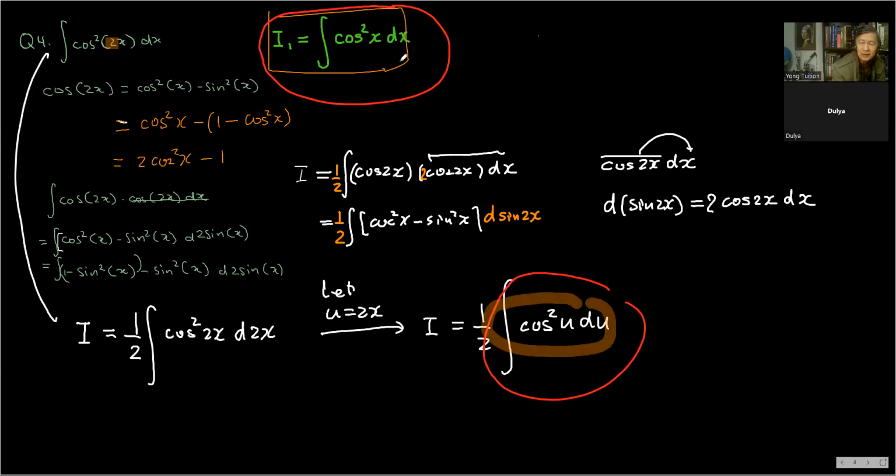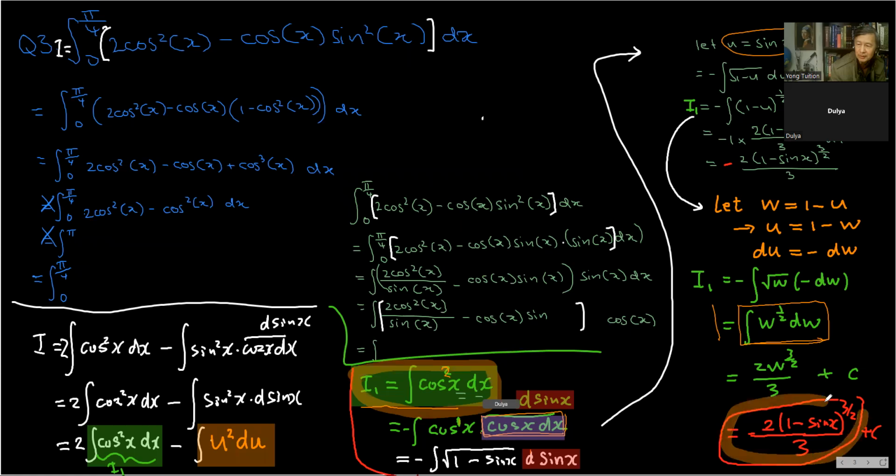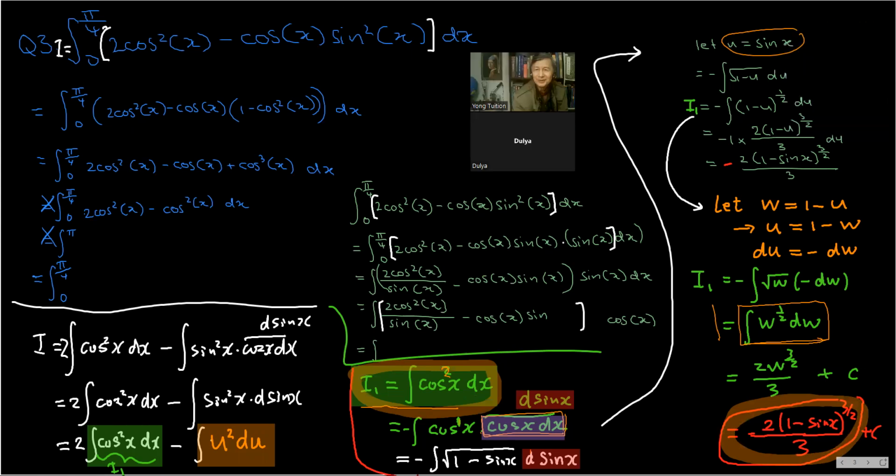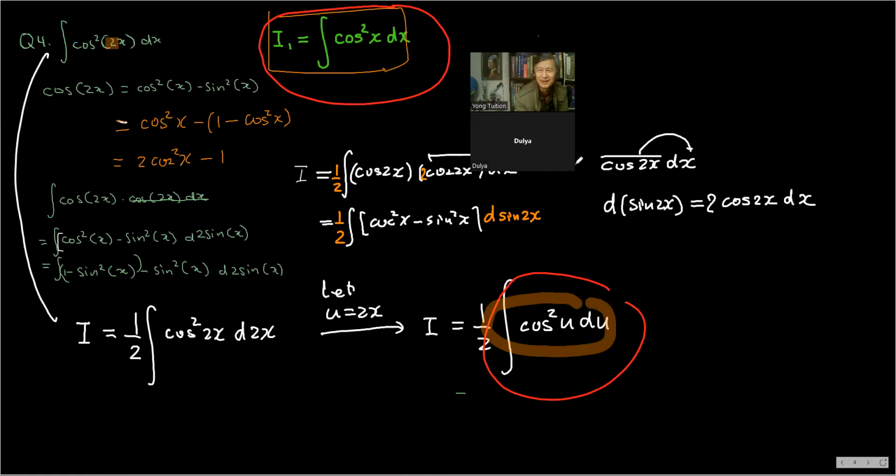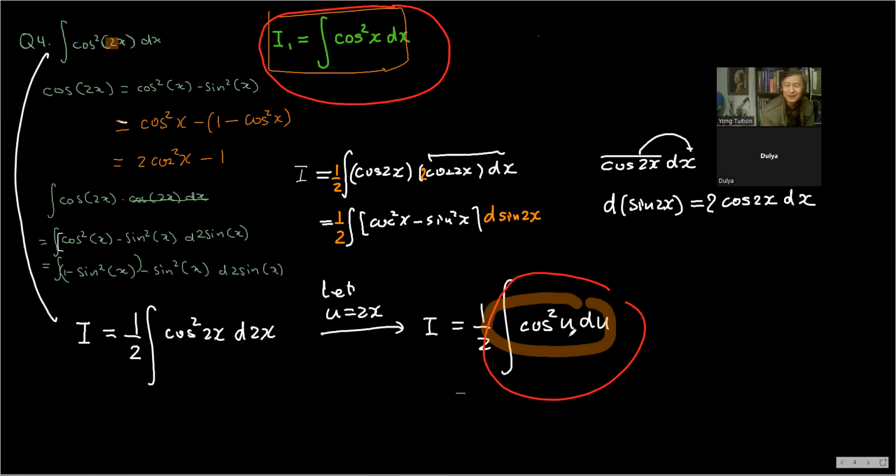Because we just got this result here. Why don't we use this result? You see? We just solved this integral. So why should we invent another method? We have solved that. If you just compare these two integrals, they are identical, except this uses x, this uses u, right?